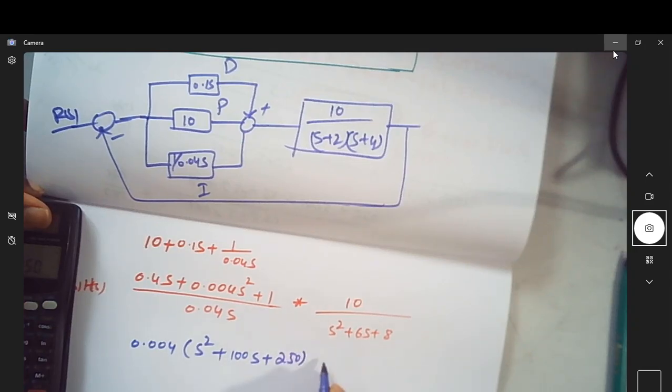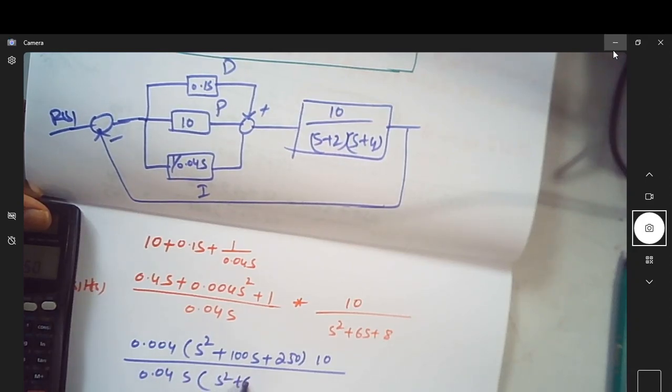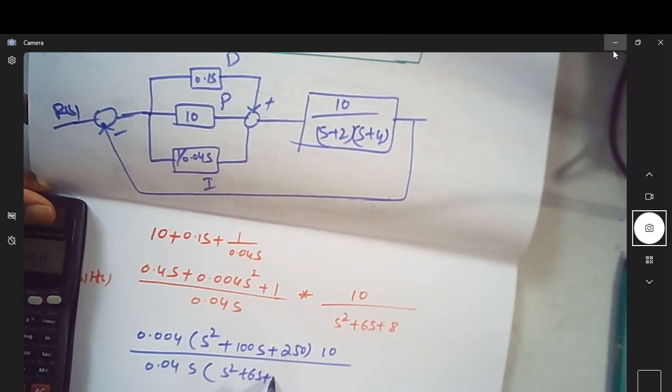This is 250 into 10 divided by 0.04 into s square plus 6s plus 8.